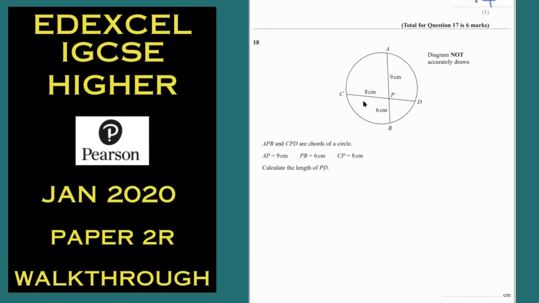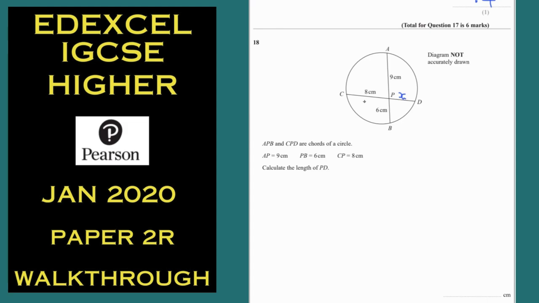Number 18. Some teachers like to set these out as divides. I prefer to just multiply. I'm just going to say that the unknown, PD, is x. So as we know, they end up multiplying to give the same answer.